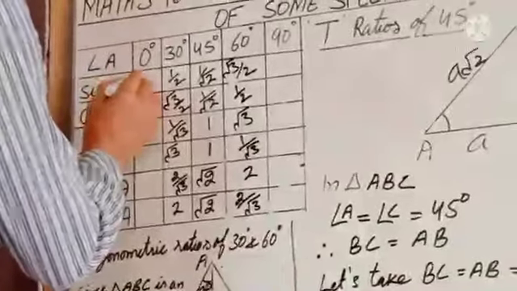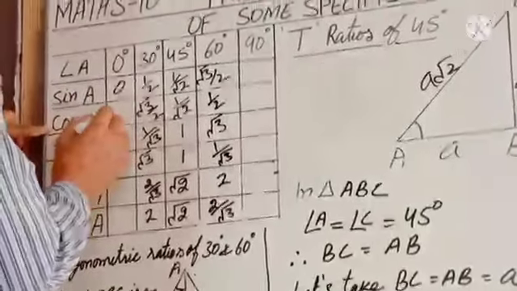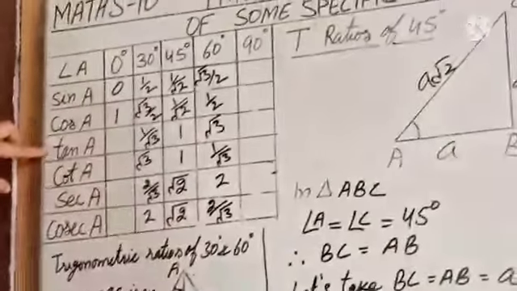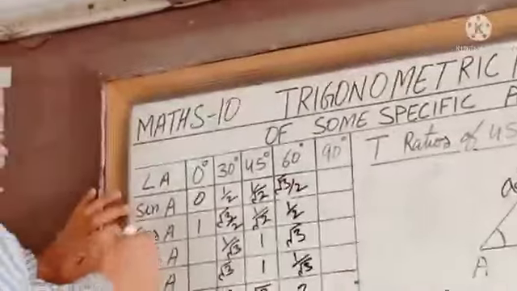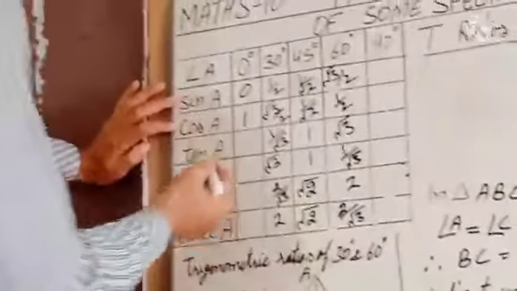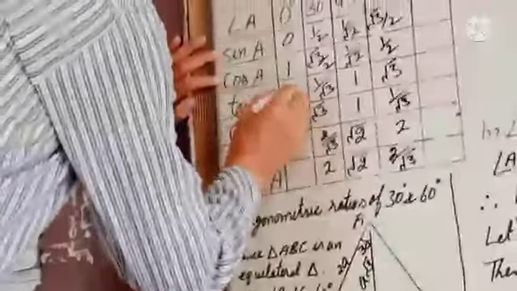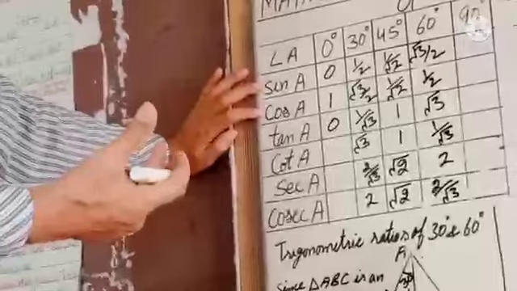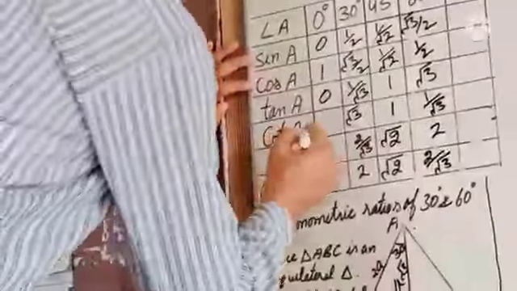So, having calculated sin 0 and cos 0, we can calculate the other values, right? So, let's note down their values first. 0, 1. Now tan is sin upon cos, right? That is 0 upon 1. So it again will give you 0. But cot becomes 1 upon 0. And 1 upon 0 is not defined.